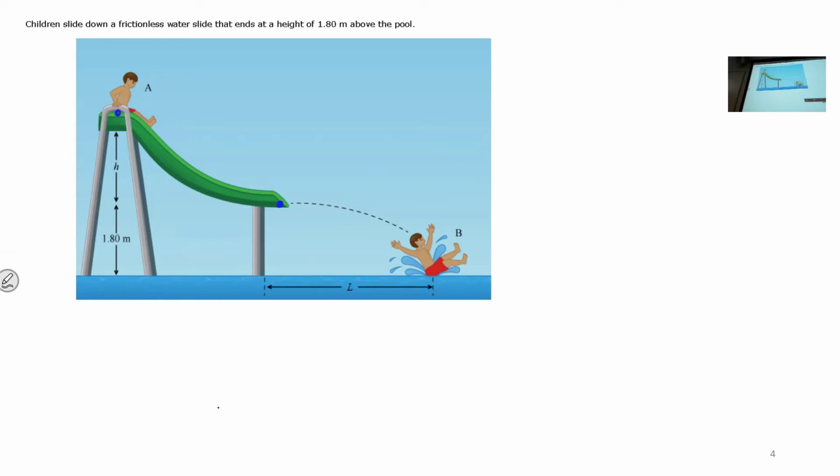First, you are solving for the velocity of this boy, and then you have to use this velocity to do the projectile motion part. These are two problems in one. And first, I would set 0 here.